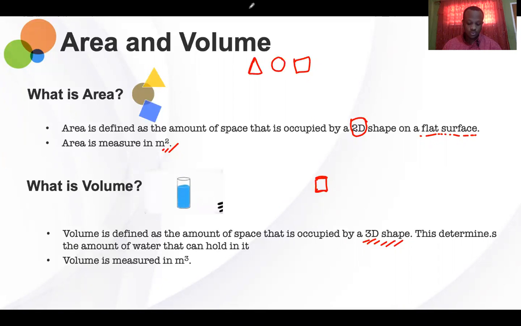I want you to be able to understand this: area, 2D shape; volume, 3D shape. And of course, volume is measured in meters cubed. Very important.